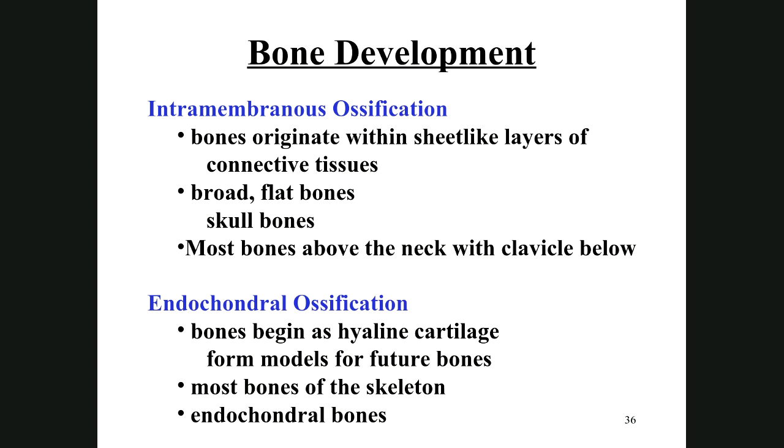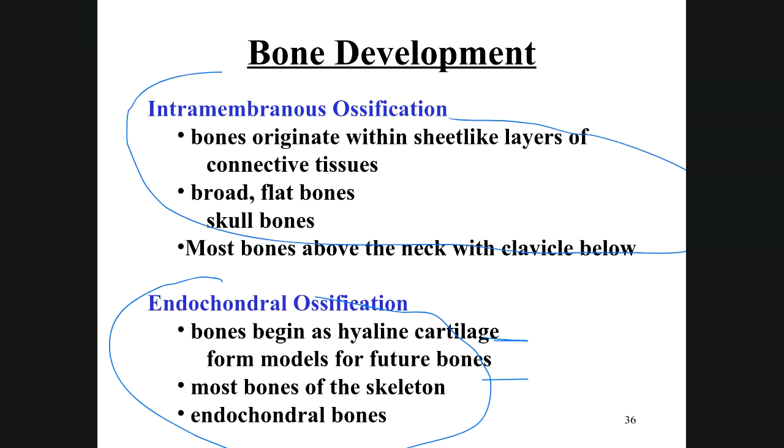Any bone I ask you about from the neck below, except the clavicle, which is the only exception, is made by endochondral ossification, which means you start out with cartilage first, then the cartilage gets enlarged, calcified, and restructured. Whereas with this one, you don't have cartilage first.